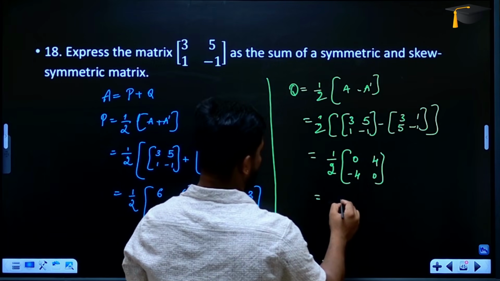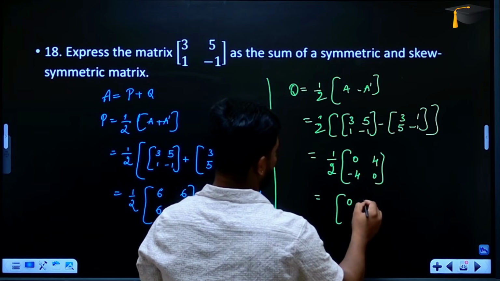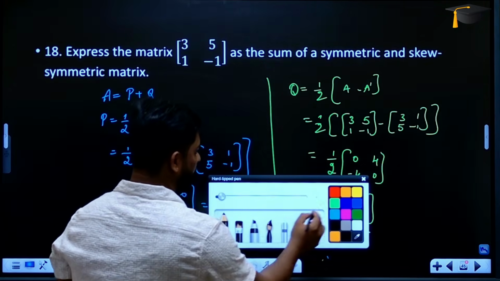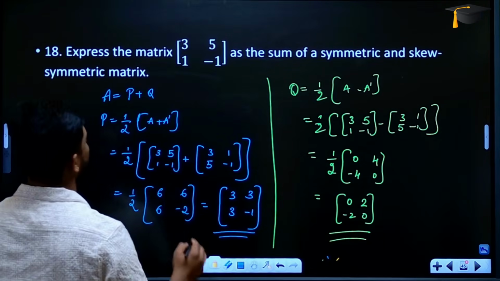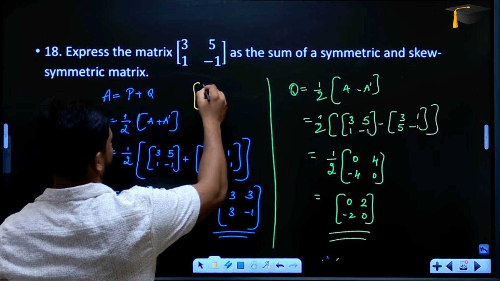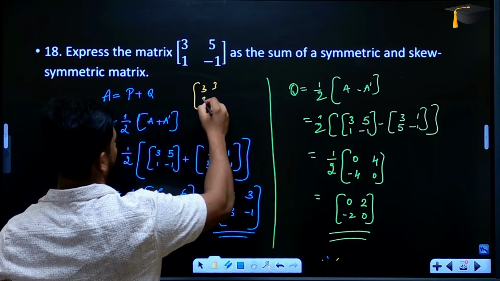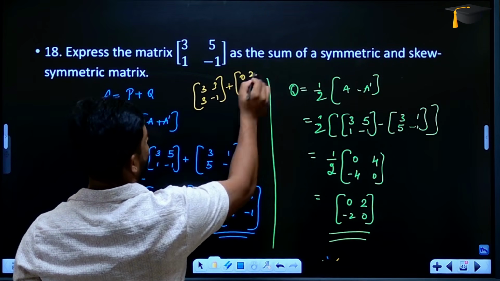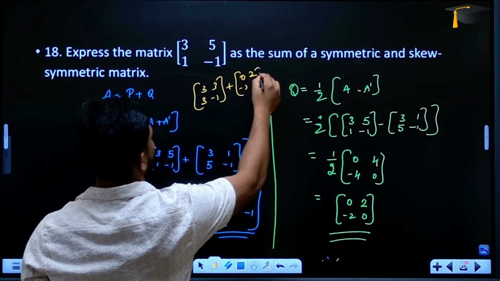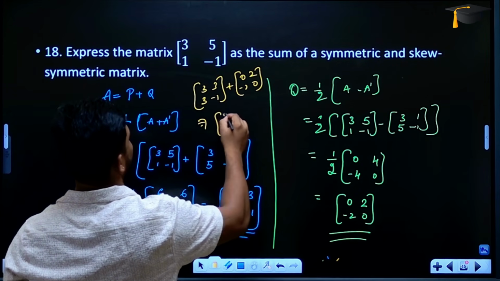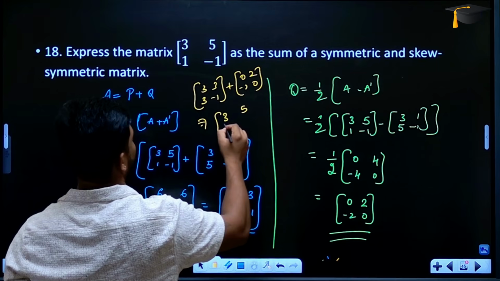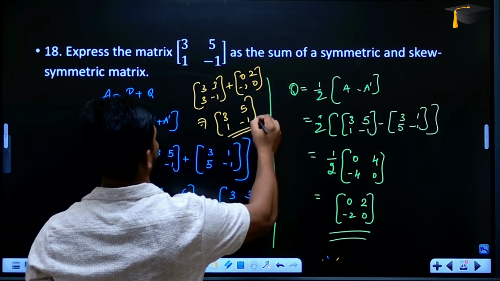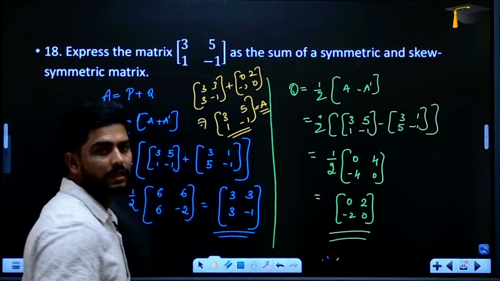So multiply, it is 0, 2 minus 2, 0. Now if you add these two, you will get A matrix. So 3, 3, 3 minus 1 plus 0, 2 minus 2, 0. So 3 plus 3, and this is 5, this is 1, this is minus 1. Yes, A matrix. So 3 marks for this.